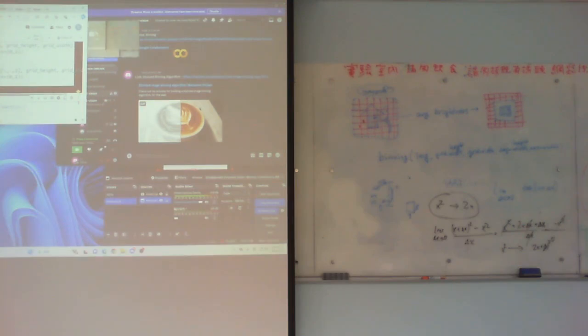By default, the background color is white. Here's my grid and the average color.